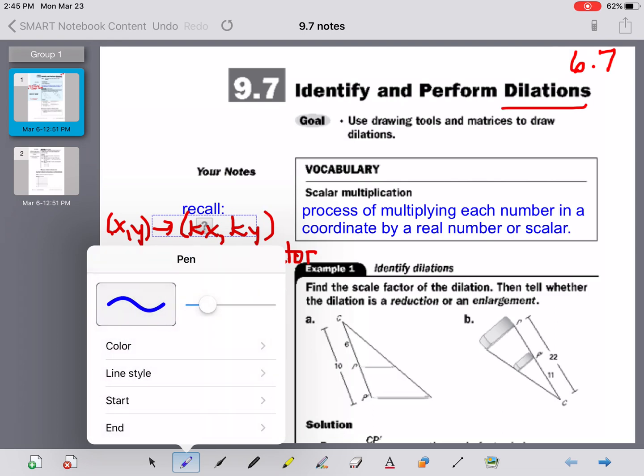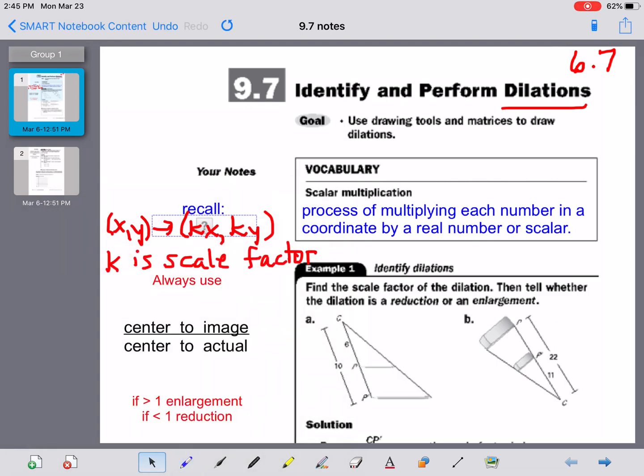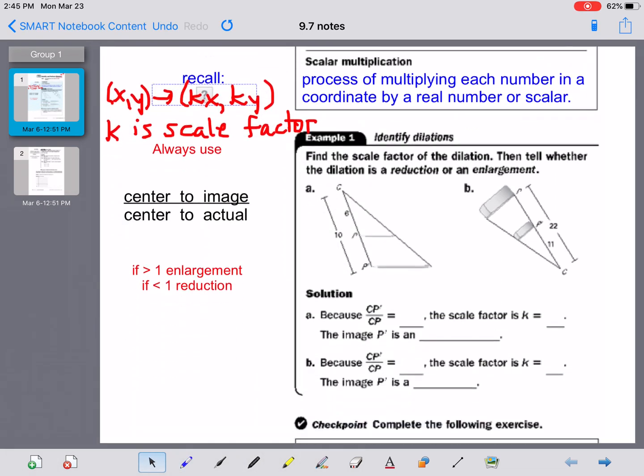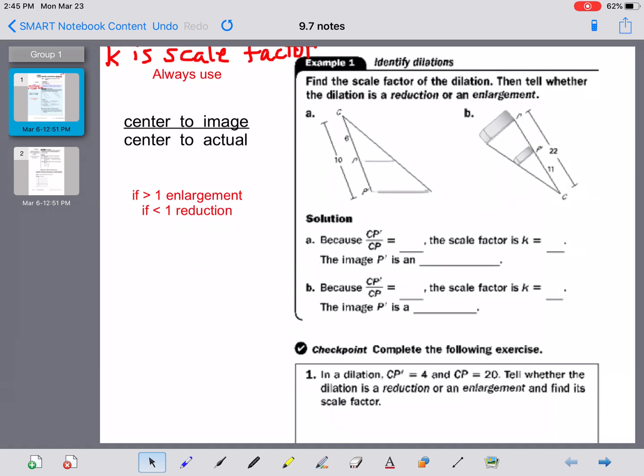So let's go down here for our examples, and you'll notice I have a couple things in the margin you're going to want to copy. So our k is our scale factor, and if you remember from earlier, k is always image over actual. But sometimes we don't have actual lengths on our image and actual figures, so we have to find another method of finding our scale factor.